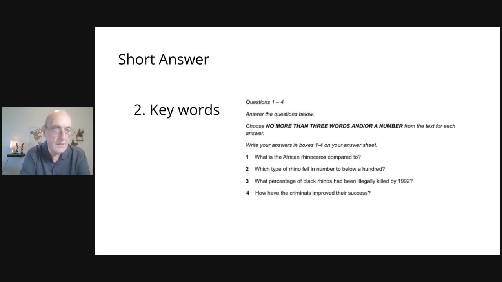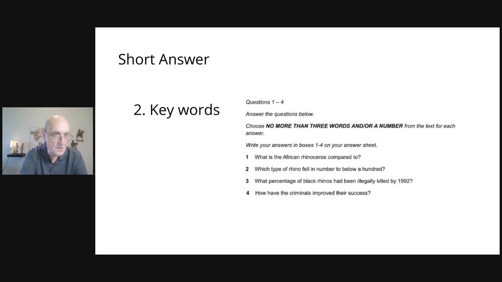And then we begin with our keyword strategy. When we identify keywords, we're always identifying proper names of people and places, and dates and times are so important. We want to be aware of what type of word we're looking for, whether a noun or a verb, or whether we're looking for comparisons.